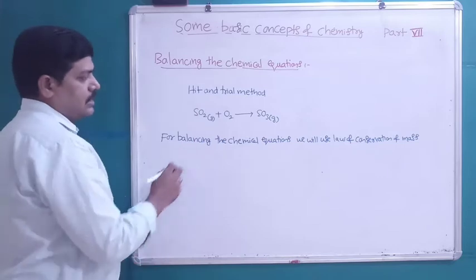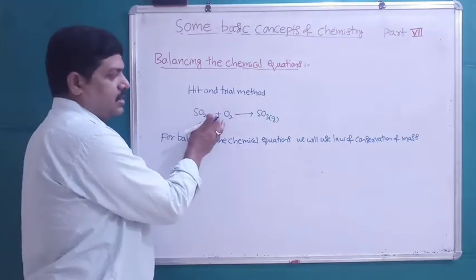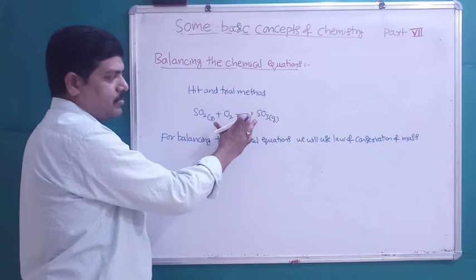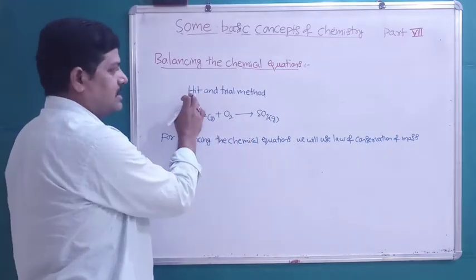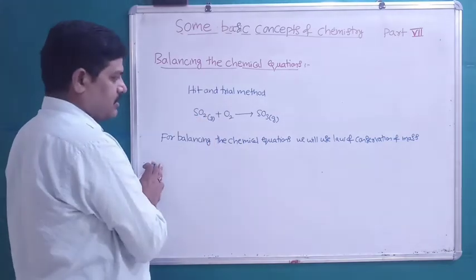Here students, by equating the number of same kind of atoms on both sides, we will get a balanced equation. Generally we will use the hit and trial method for balancing the equations, right?